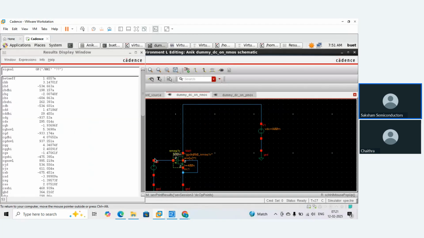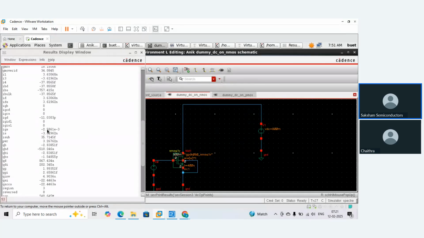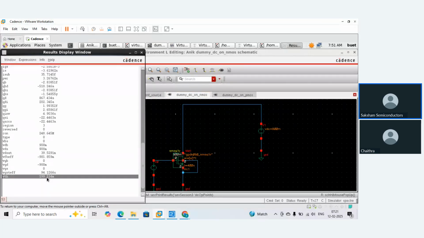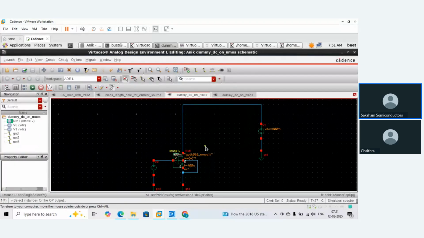If I click on this transistor and scroll down, I'll see the VTH for that MOSFET is equal to 199, which is almost equal to 200 milli. So from here, I'll be able to get the VTH value. That's how basically my dummy DC analysis goes.